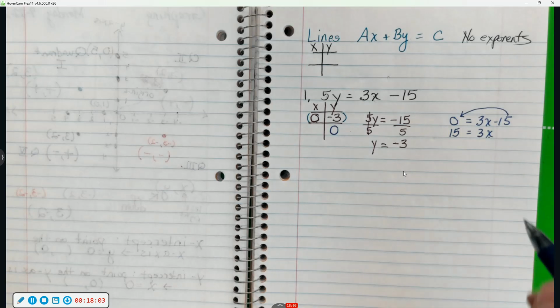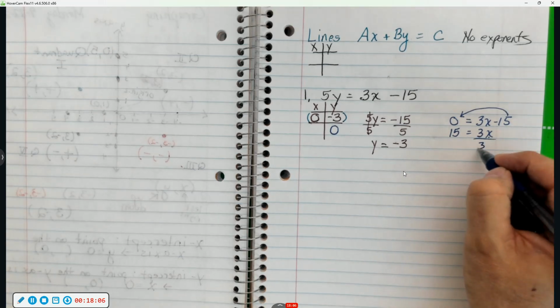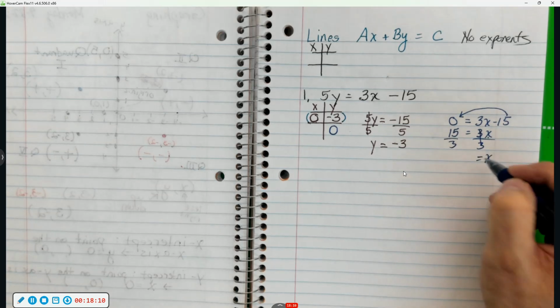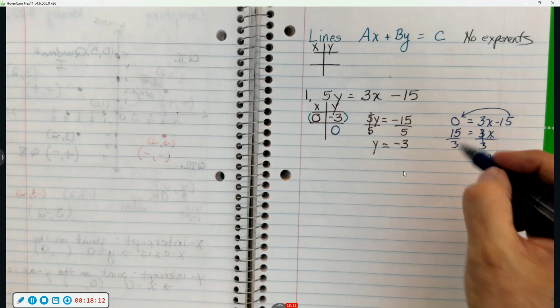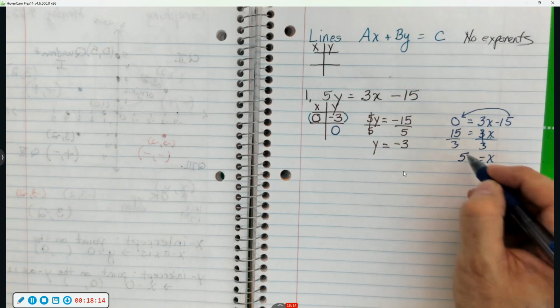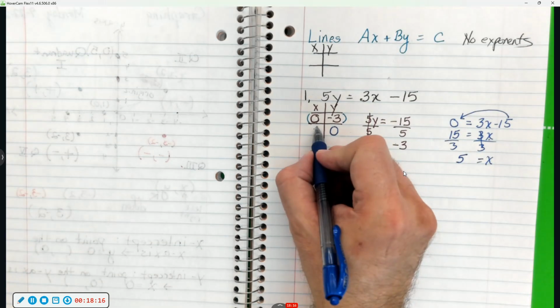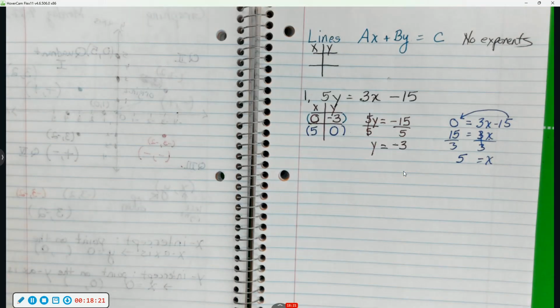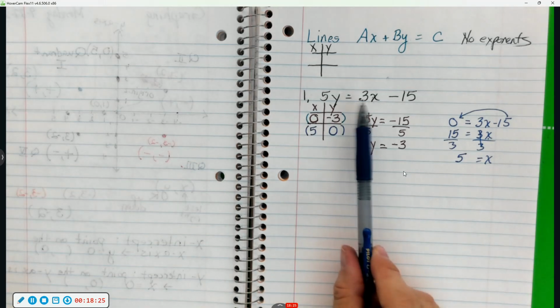Divide by 3. It's sort of unfortunate that this first one here, we have the same numbers appearing over and over. 15 divided by 3 is 5. So x is 5. So what we've done is we've found 2 ordered pairs on that line.